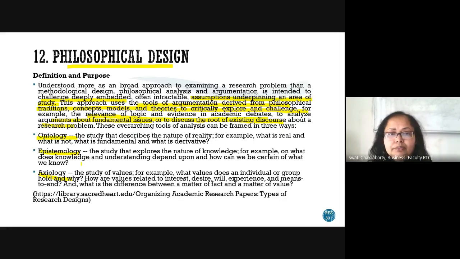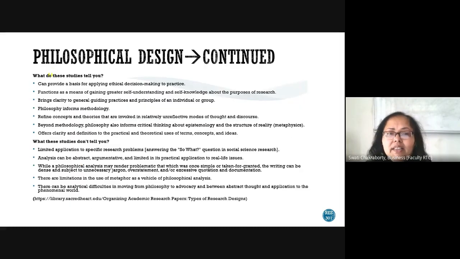This is an example of what these studies tell us. They provide a basis for applying ethical decision making to practice, and function as a means of gaining greater self understanding and self knowledge about the purpose of research. They bring clarity to general guiding practices and principles of a group or an individual.